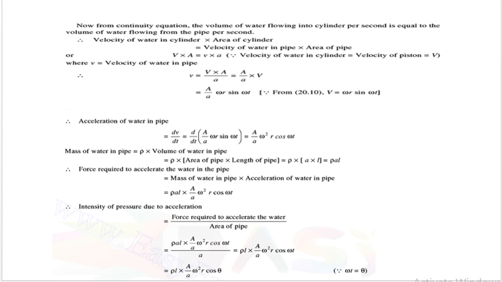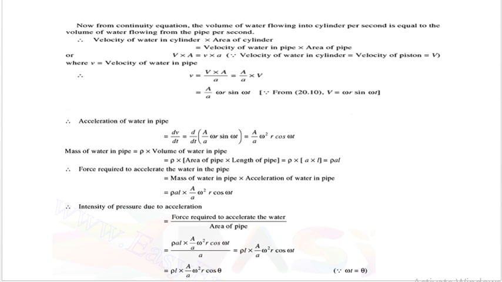Mass is rho a L, which we calculated, and acceleration is dv by dt, which we calculated here, that is capital A by small a omega square R cos omega t. This is the force required to accelerate the water in the pipe.